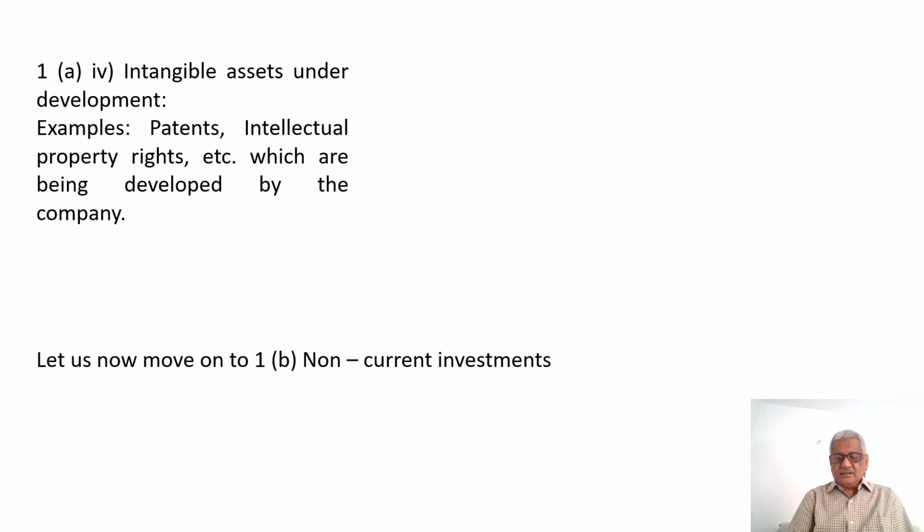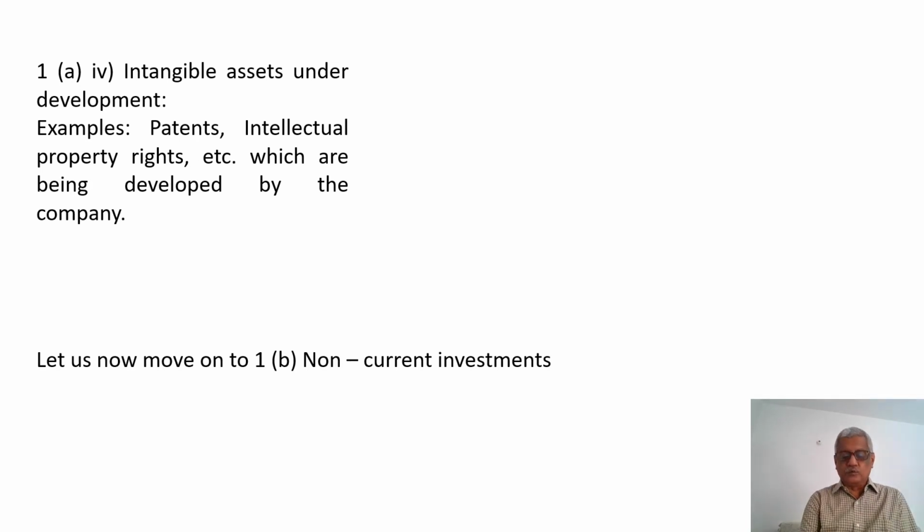One is the fixed assets tangible, and for it, what is not completed appears as capital work in progress. Second one is fixed assets intangible, and intangible assets under development. So there are four categories under fixed assets, and fixed assets is one of the non-current assets.